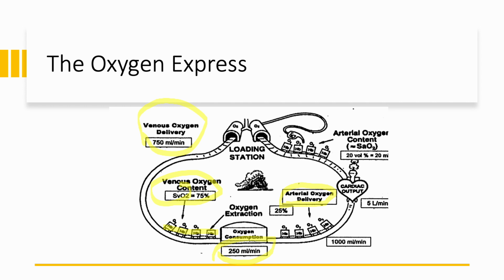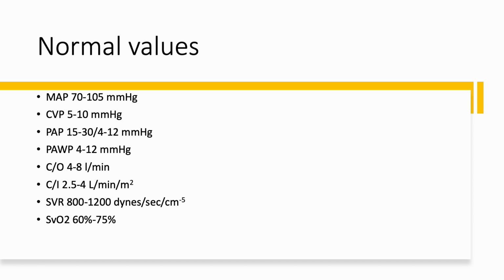In shock, when oxygen delivery fails to meet tissue needs, SVO2 decreases, indicating insufficient oxygen is returning to the heart, which signals increased tissue extraction or decreased oxygen supply. Please know these normal values, especially for reference.